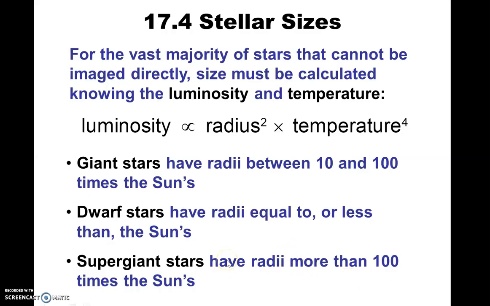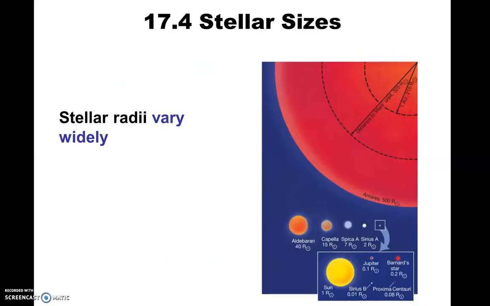As we explore what's called the HR diagram, the Hertzsprung-Russell diagram, we're going to find out that these supergiant stars are actually close to the end of their lifetimes. All right, so we're going to do that.